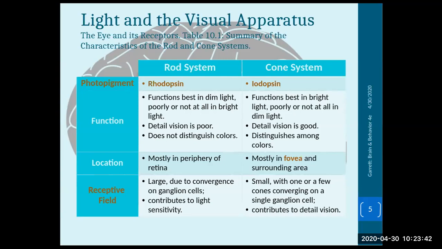So when we look at the receptive fields of these rods, they're very large. Why do they only give a very fuzzy black and white sort of outline, light sensitivity picture to the ganglion cells? Well, if you think about it, there's a lot fewer cones. So the cones are basically forming a very specific connection with the ganglion cells.